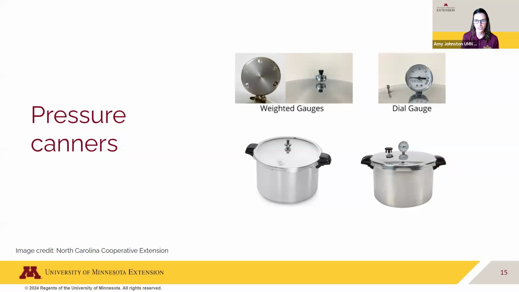So Julie's going to share another link in the chat with recommendations for getting your dial gauge pressure canner tested. A weighted gauge canner is going to come with a weight or weights for 5, 10, and 15 PSI, and PSI stands for pounds per square inch, and that's the measure of pressure. And that's how it's going to be regulated in your processing.